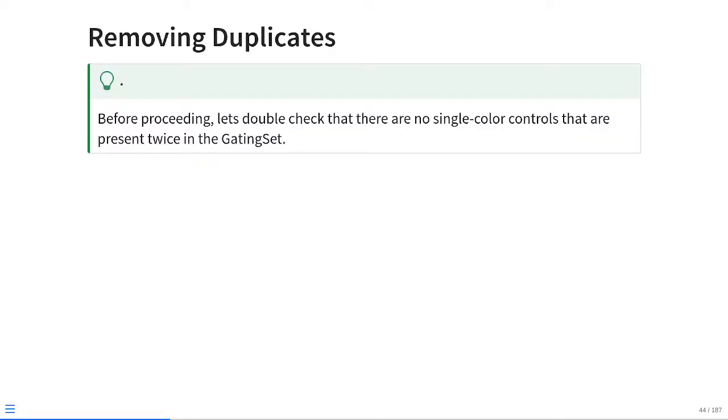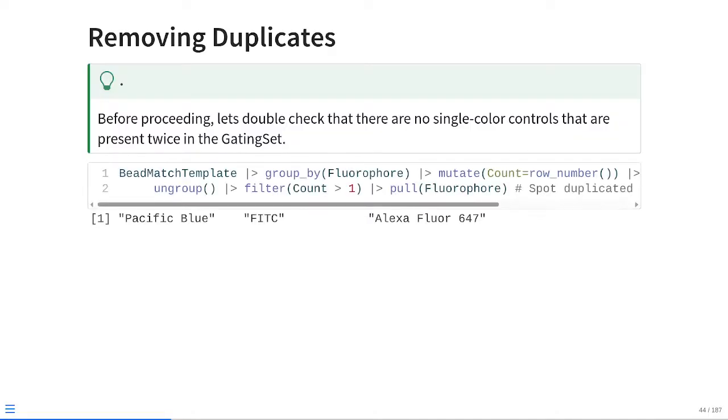And vice versa, maybe you have two zombie controls just for one particular condition, or maybe something didn't work one day so you reuse the single color from a different day. All the different variations we would normally encounter during our regular flow cytometry experiments can come into play. But we don't want to save all of these different duplicates together. We just want to keep it to one single fluorophore represented once in the matrix when it comes time for unmixing.